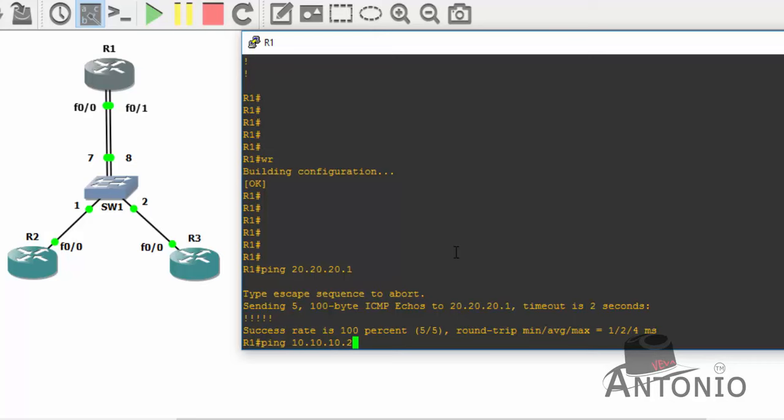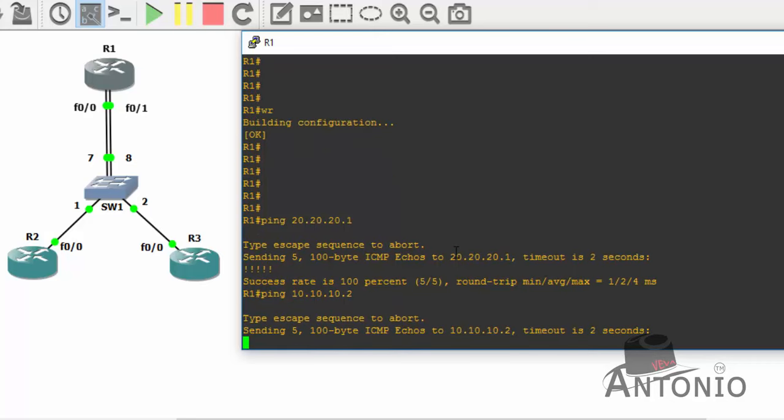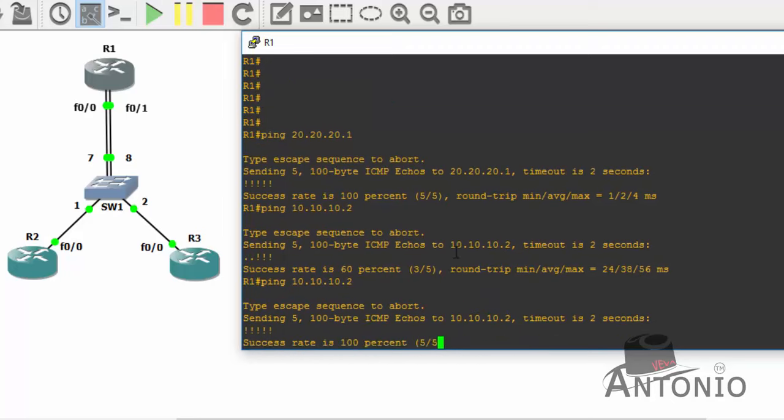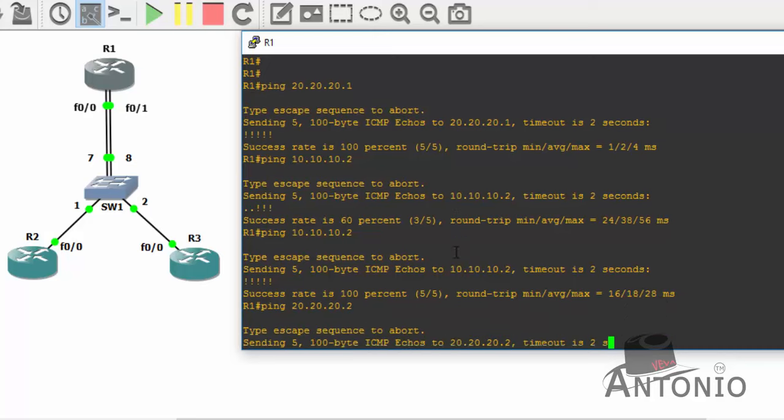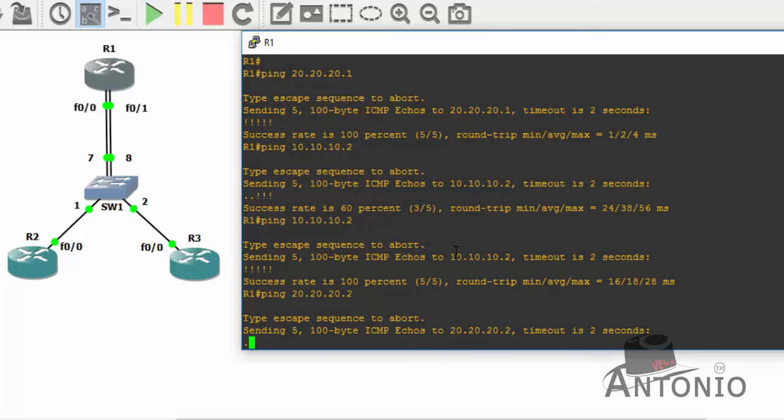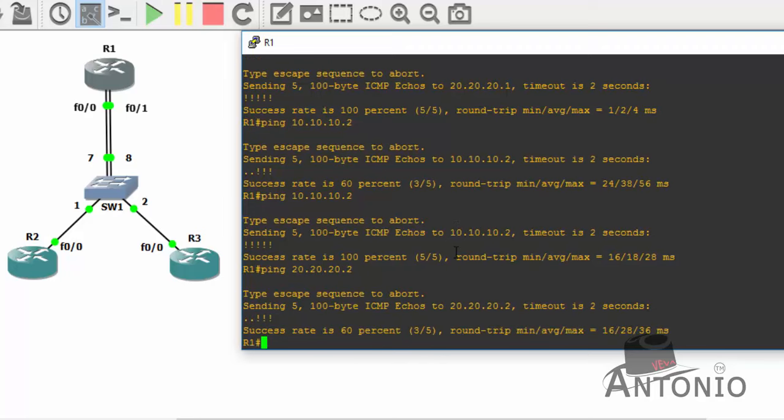I hope it's pinging. Yes, success. Alright. Ping on the other side of the network, which is 20.20.20. We've done pinging the gateway 20.20.20.1, and this time around is 20.20.20.2. Hope you get there. Almost done, my friend.